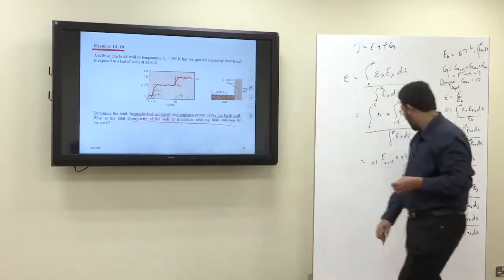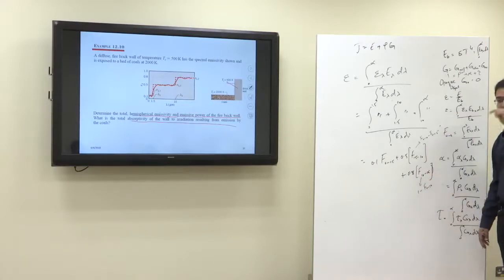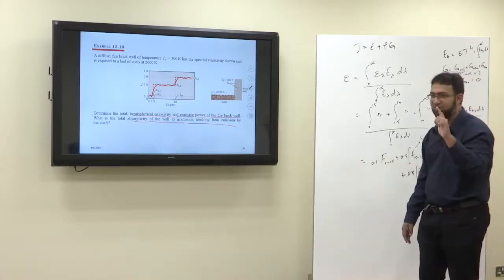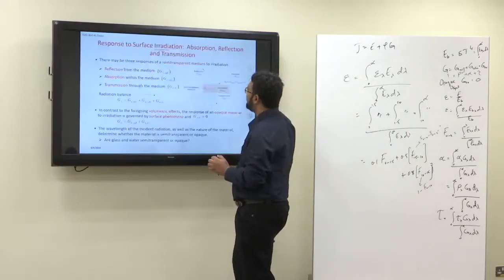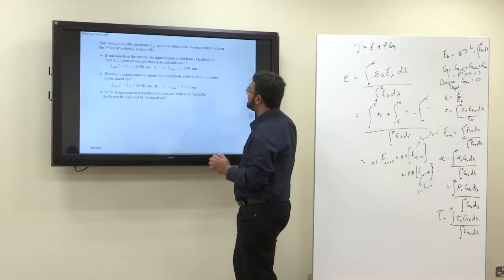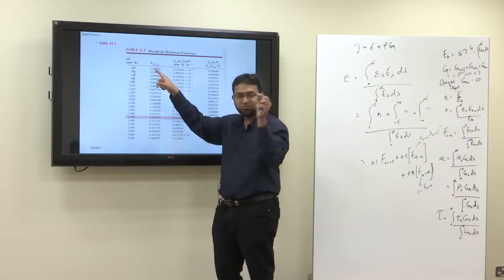So when we say f 10 to infinity, it means f 0 to infinity minus f 0 to 10, and f 0 to infinity is 1. See here, these are the fractions, all from 0 to lambda.